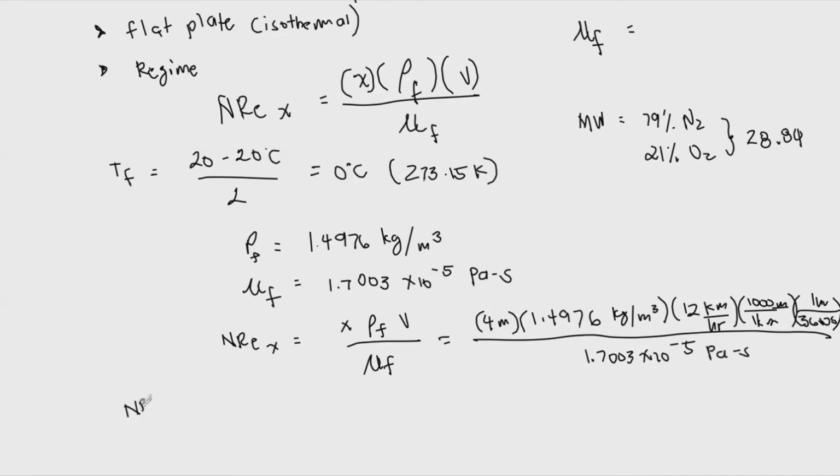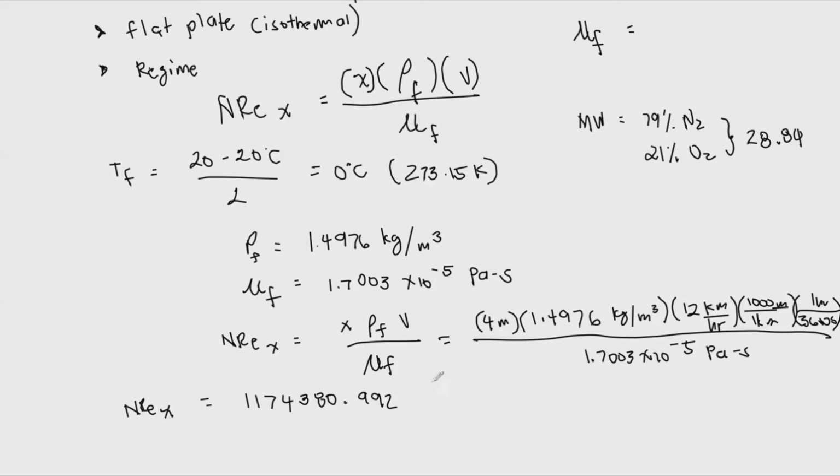So with this, the Reynolds number is equal to 1,174,380.992. So that's around 1 times 10 to the 6.